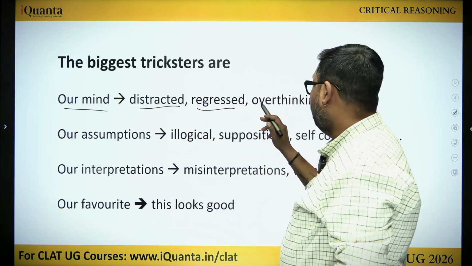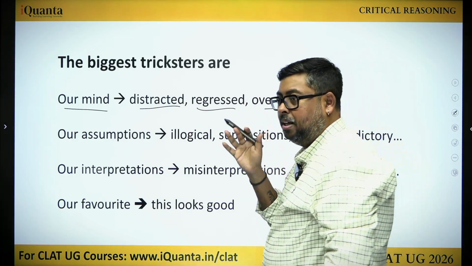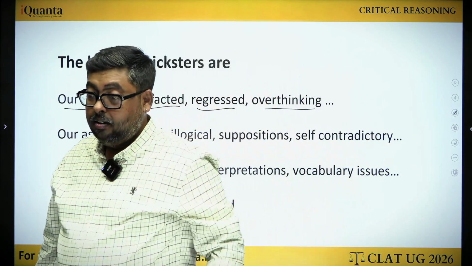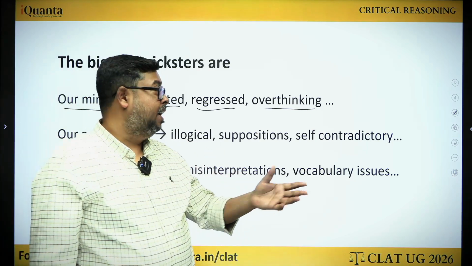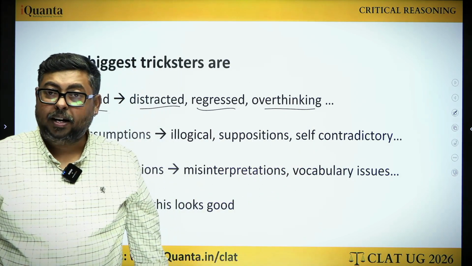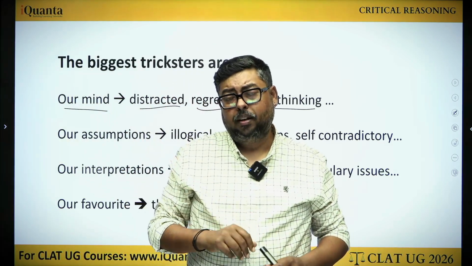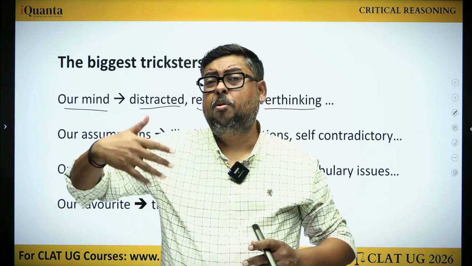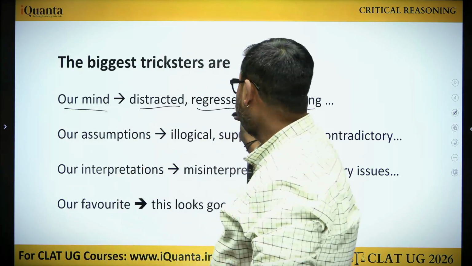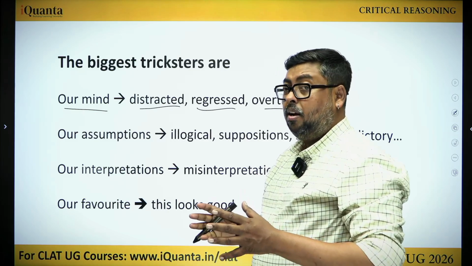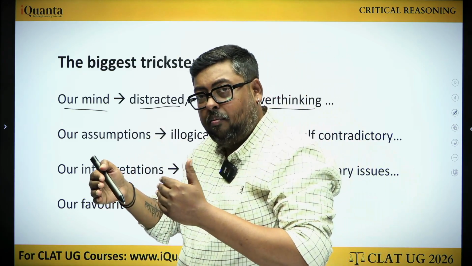And the last part is overthinking. No matter how much we try, we would always overthink, right? But you must remember, the clarity of thought has to be there, and that will only come when you keep on practicing, right? Because with practice, you'll understand what to think and how much to think, right?